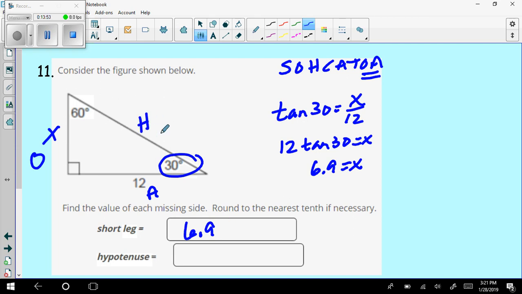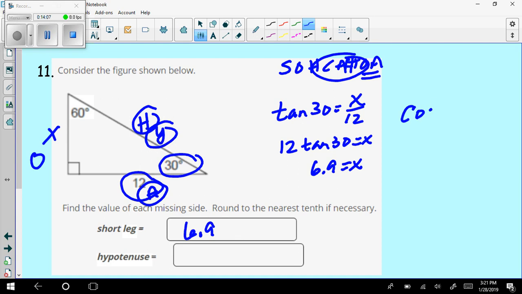This would be the hypotenuse. It's unknown, so we could call it Y. Working with the 12 and the Y, we have the adjacent and the hypotenuse. That's cosine. The cosine of 30 equals the adjacent 12 over the hypotenuse H. Remember on this type, we switch when we're dividing by the variable.